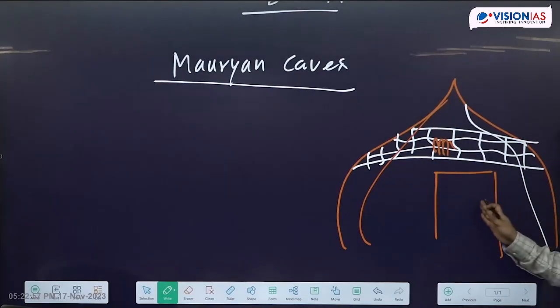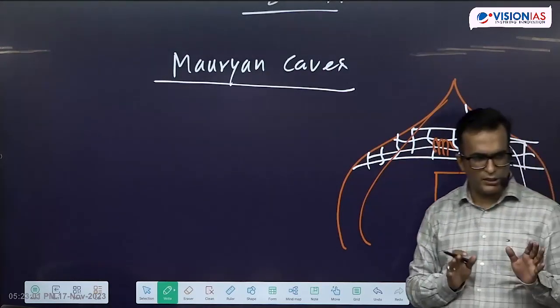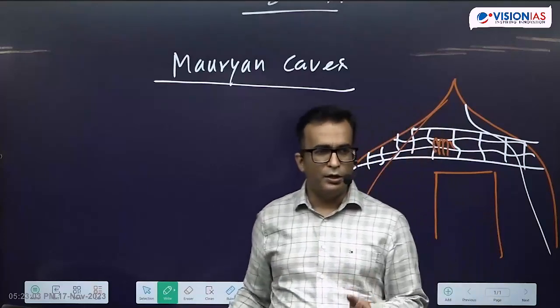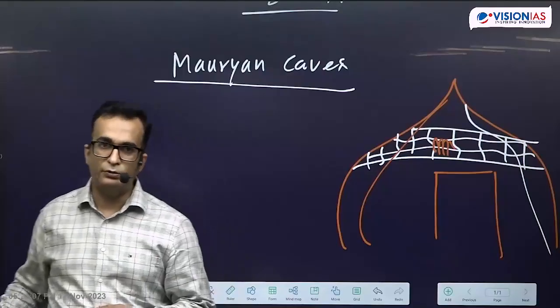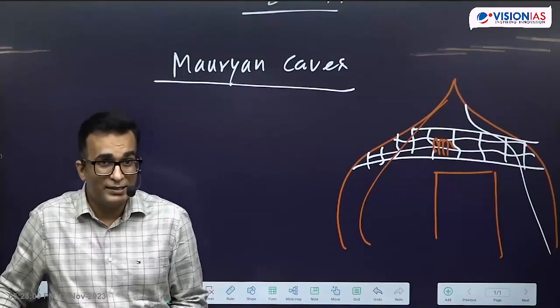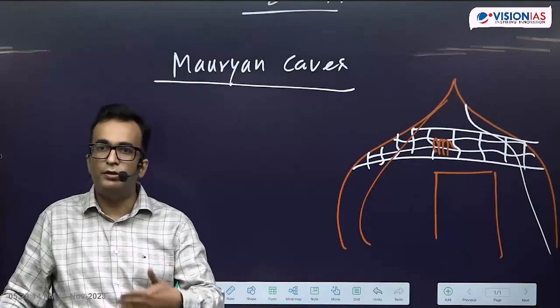Then when we look inside the cave, chambers were there, and these chambers were quite polished, and the alignment of the cave was also quite good. The question arises: what was the purpose of this cave? Why did Maurya rulers start to create these caves?